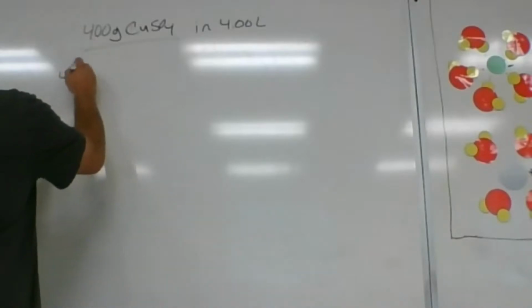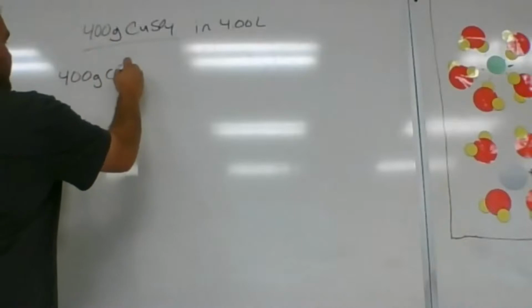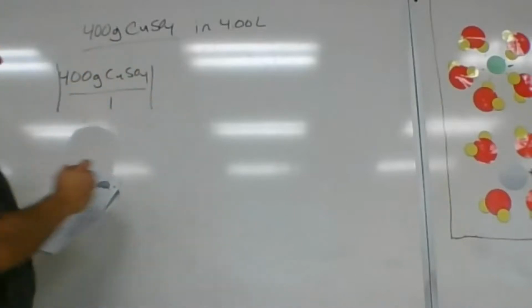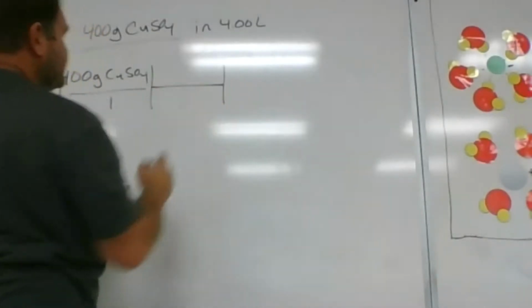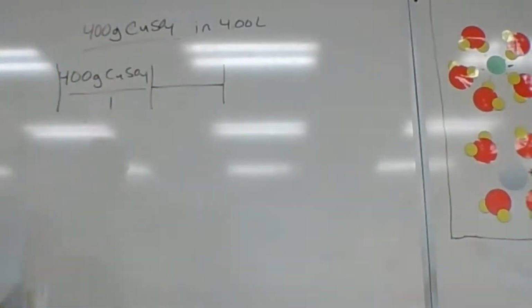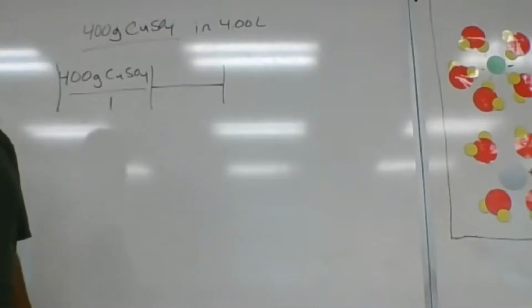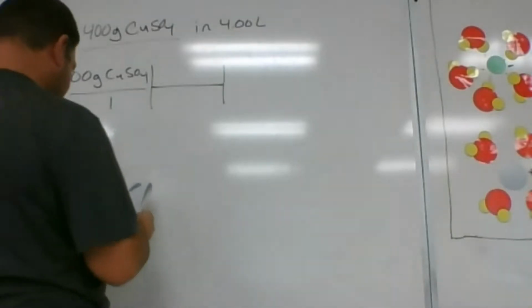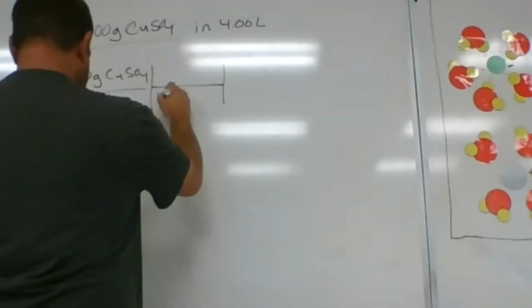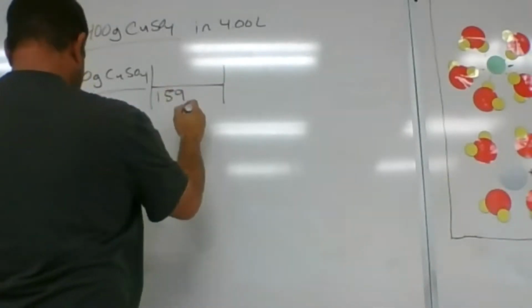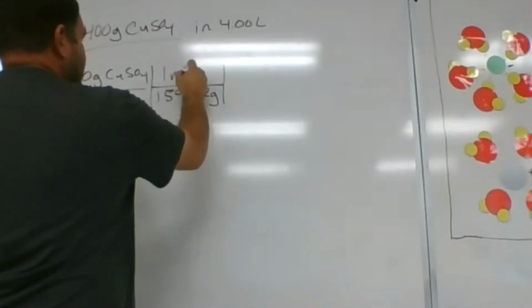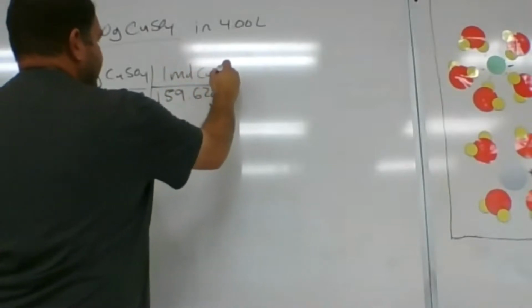So I'm going to do that, 400 grams of copper sulfate over 1, using dimensional analysis. I will do so, but I need the molar mass of copper sulfate. So you have to calculate the molar mass, all right? Well, I've done that, and I found that the molar mass is 159.62 grams per mole of copper sulfate.